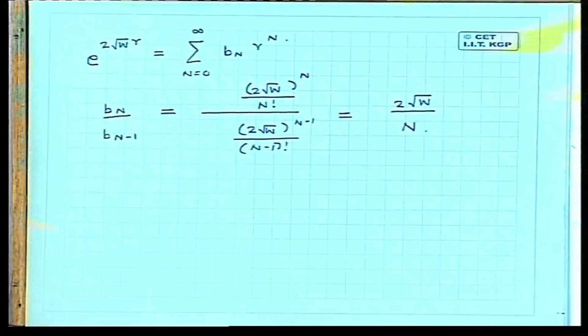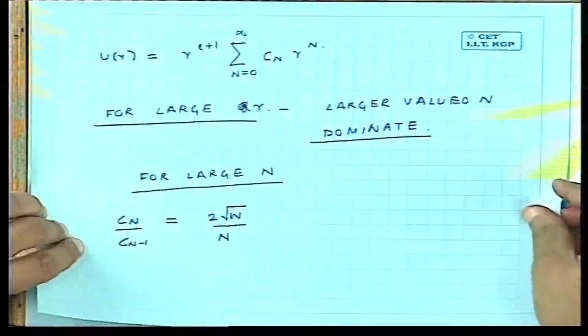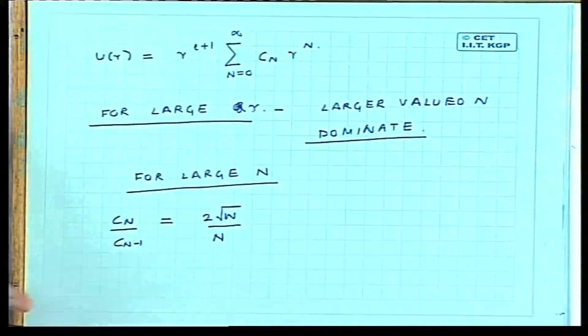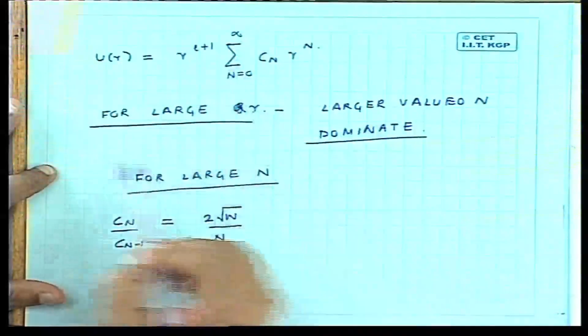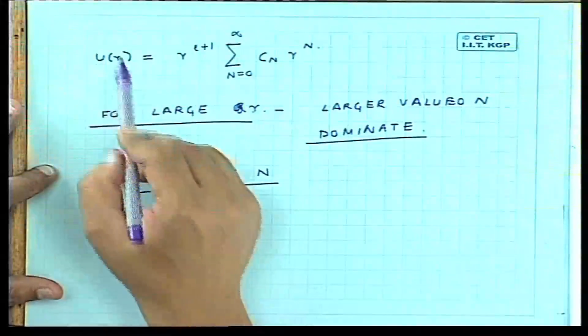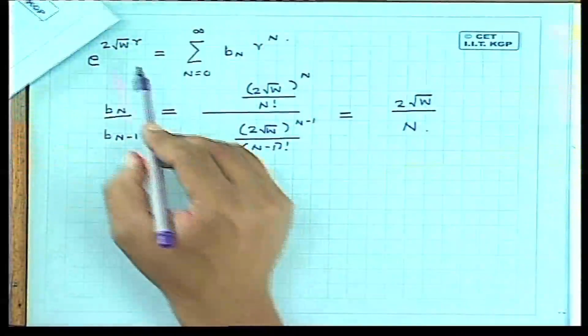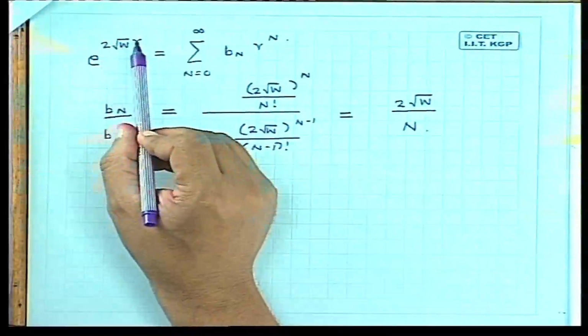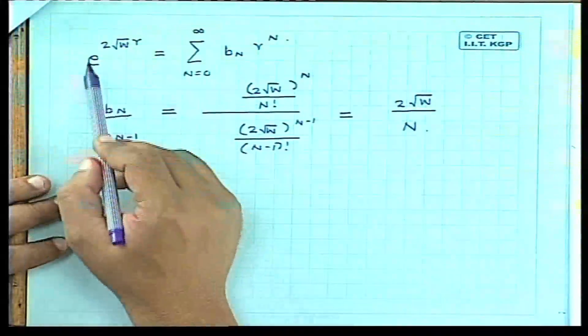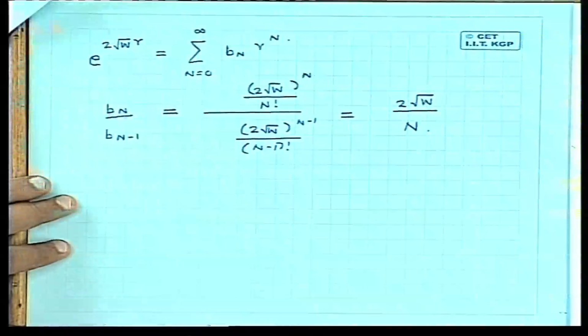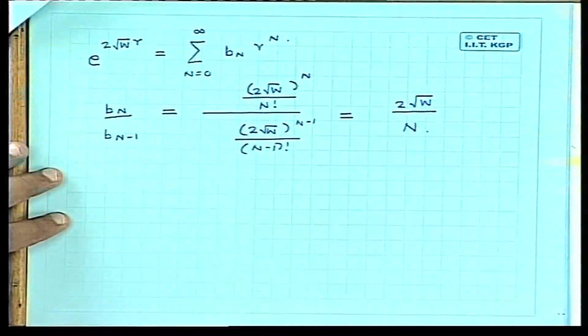so what does this tell us? We see that the coefficients in this series, which is our solution, have the same ratio as the coefficients in the series for e to the power 2 square root of w r, for large values of n.